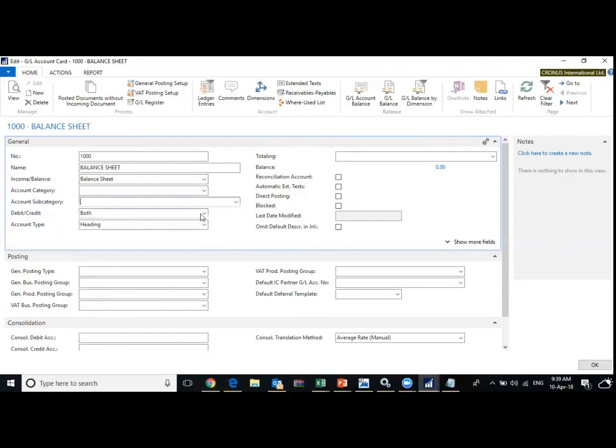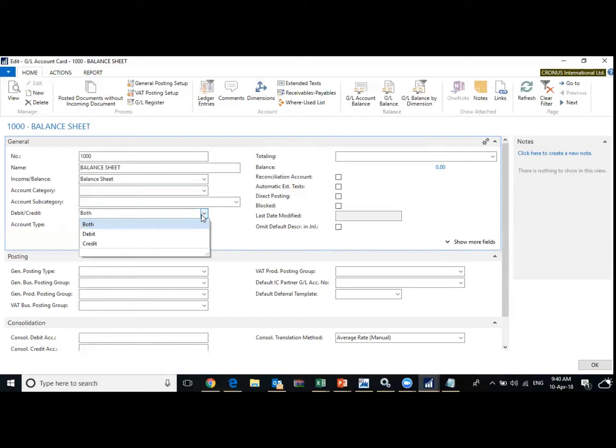Then you have something called debit and credit. So what this means is if you have selected either of the two values, for example, debit or credit, you can only do the same thing with this account. You can only debit this or only credit this account. So if, for example, somebody chooses this account and they're creating a new JV, a new entry, and it is marked as a debit account and you credit this account, the system will pop an error that you are not allowed to credit this account.